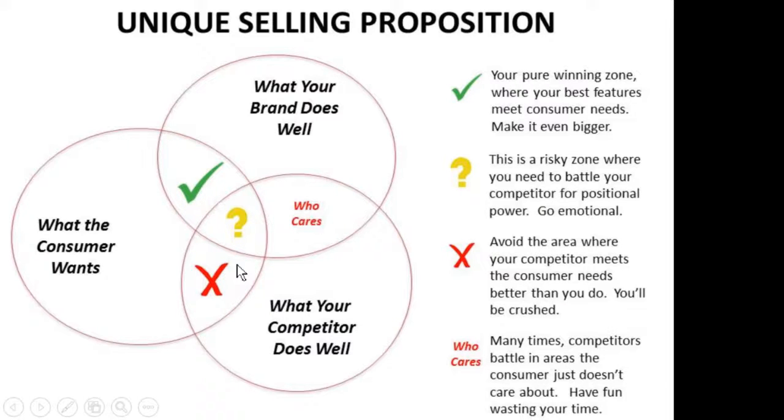That's where your competitor does a better job than you. And this is where, if you were to take on your competitor head on, your brand would get into trouble and not be able to compete successfully.